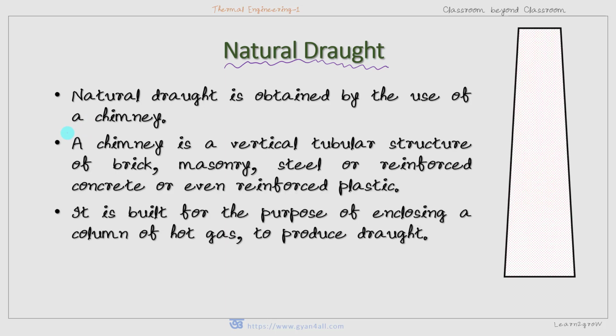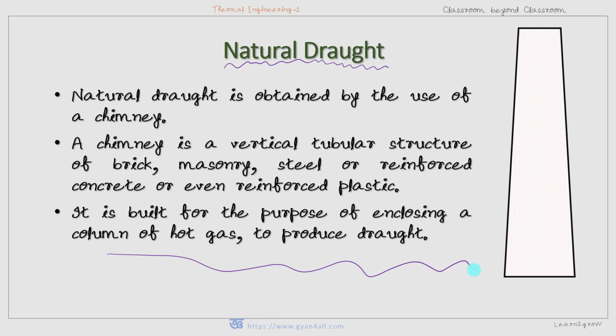A chimney is a vertical tubular structure which may be made of brick, masonry, steel, reinforced concrete, or even reinforced plastic. It is built for the purpose of enclosing a column of hot gas to produce draught.